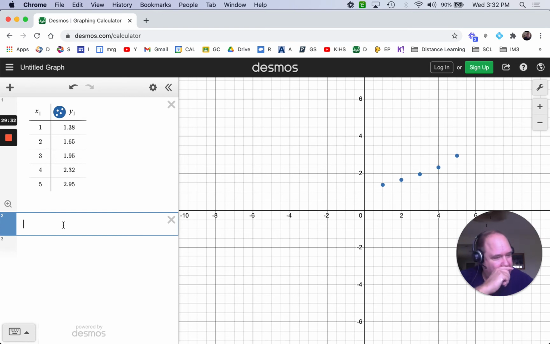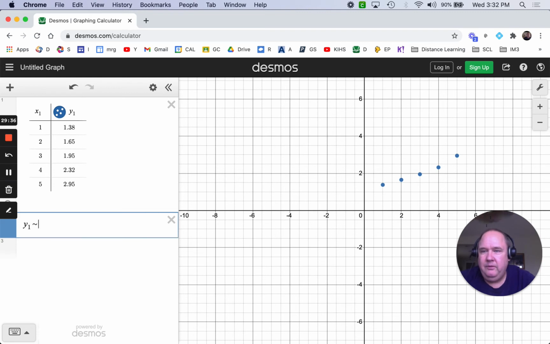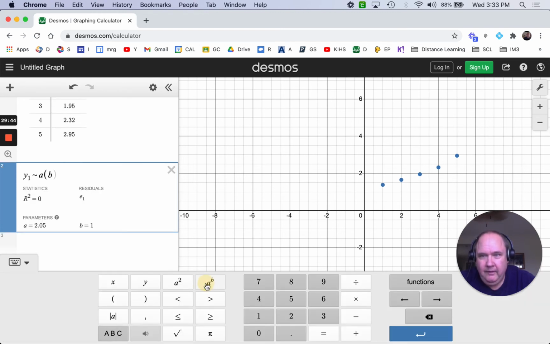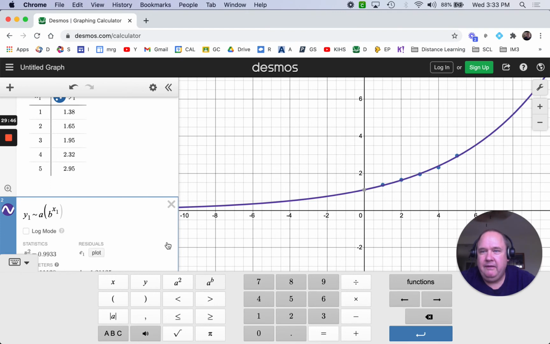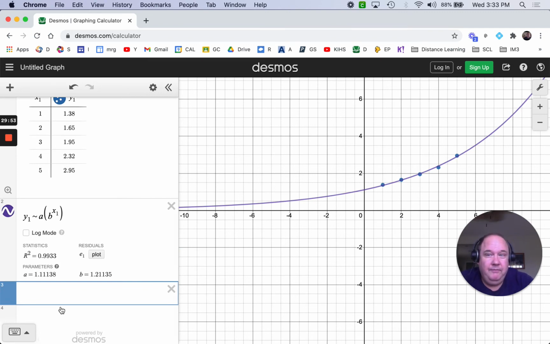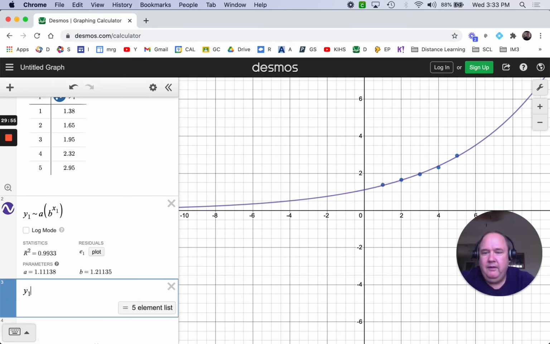So the first model is exponential. So it's y1 similar, and it's a, b to the exponent x1. So we'll look at that first and go, okay, so 0.993. That's pretty good. So let's try another one. y1 similar.